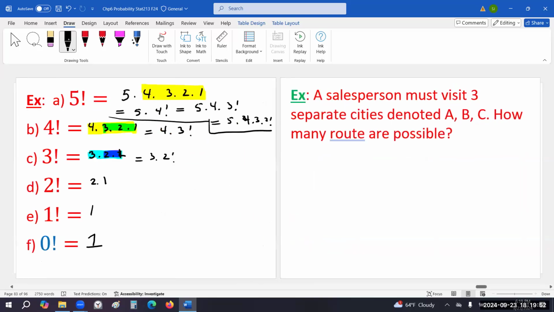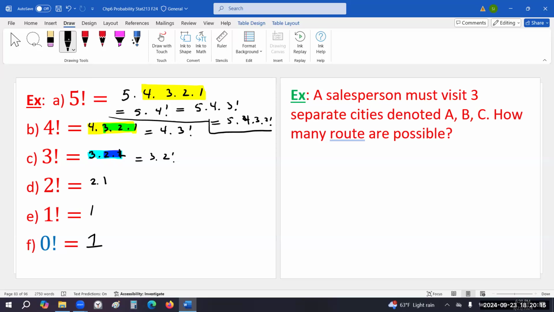So why do we care? Well, we actually use this many times in our life without even realizing it. A simple example: a salesman has 3 cities to go to, or 3 ways he can commute somewhere.